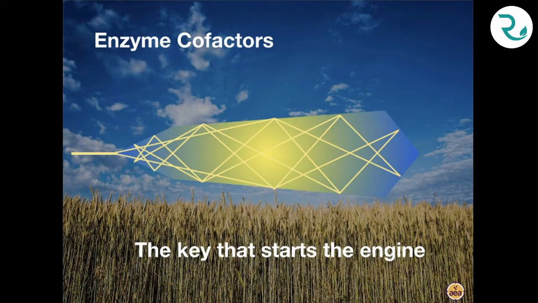So vitamin B12, for example, is based on cobalt. Common enzyme cofactors would be nickel and molybdenum and selenium, zinc, manganese, copper, etc. So there are dozens of different minerals required as enzyme cofactors for plants to have a completely functioning enzyme system.